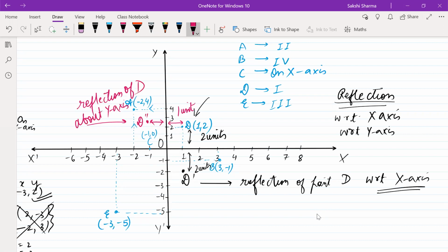And if you observe the coordinates, जब हम reflection लिखते हैं about x-axis, तो उसकी y value change हो जाएगी. और जब हम reflection लिखते हैं with respect to y-axis, तो उसकी x value change होगी.